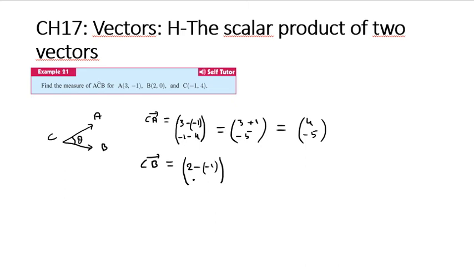And for the y component of the vector, we do the y coordinate of the point B, so the 0, minus the y coordinate of the point C, which is 4. So that's going to be equal to 2 plus 1, minus 4, so 3, minus 4. Those are the components of the vectors CA and CB.